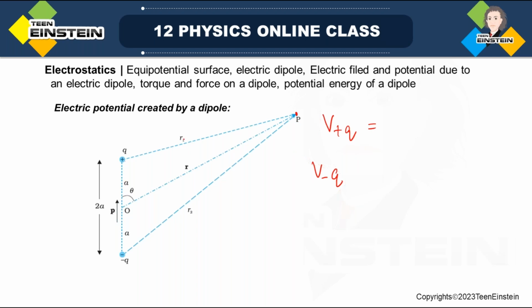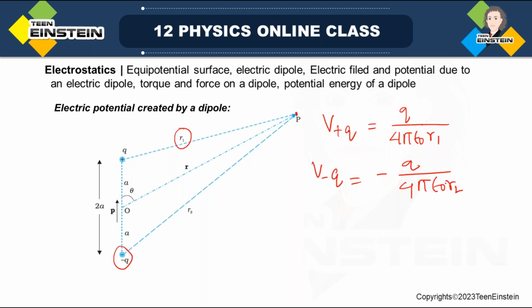What is the distance between P and this charge? So we can write Q by 4 pi epsilon naught R1. What about the potential due to this negative charge? It will be minus Q by 4 pi epsilon naught R2.